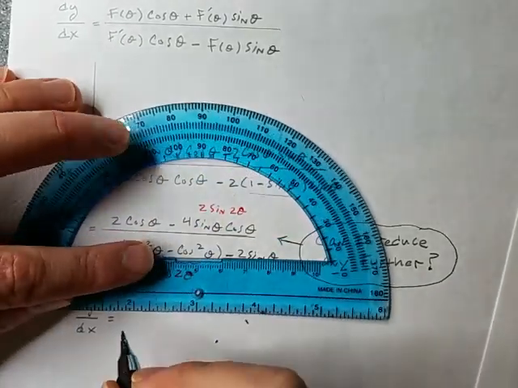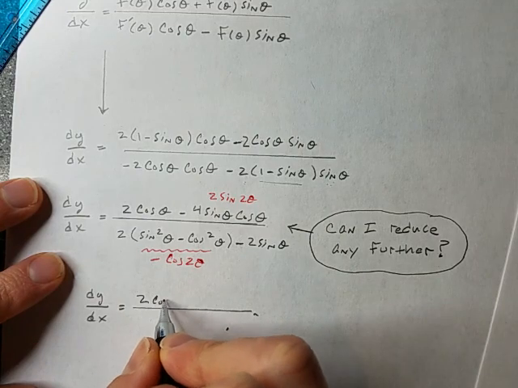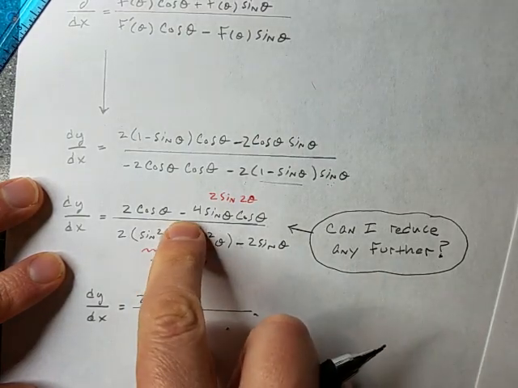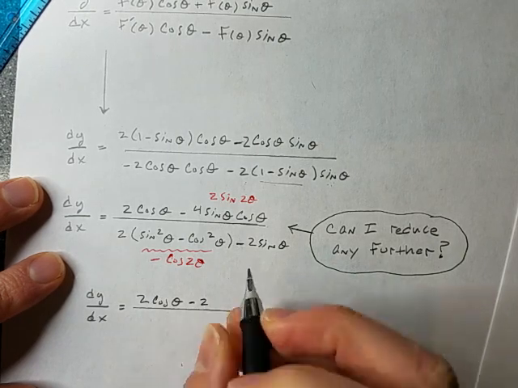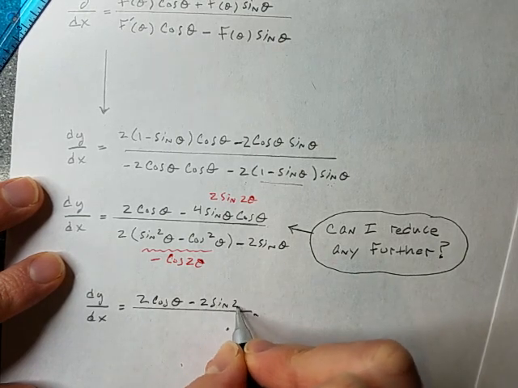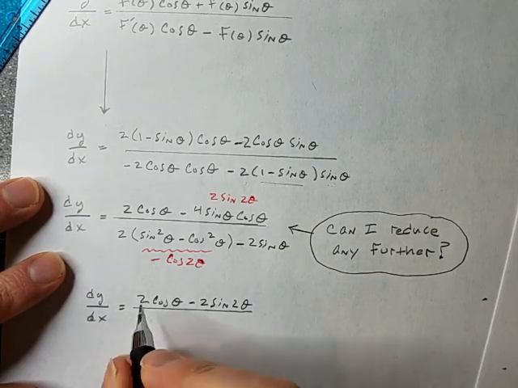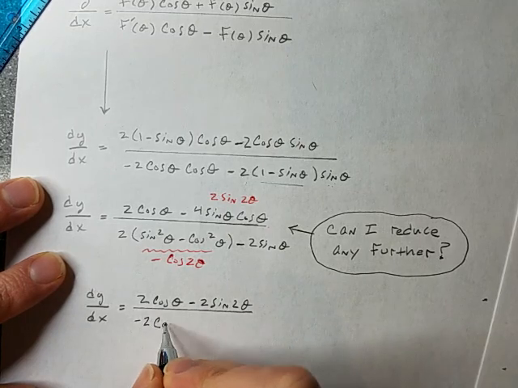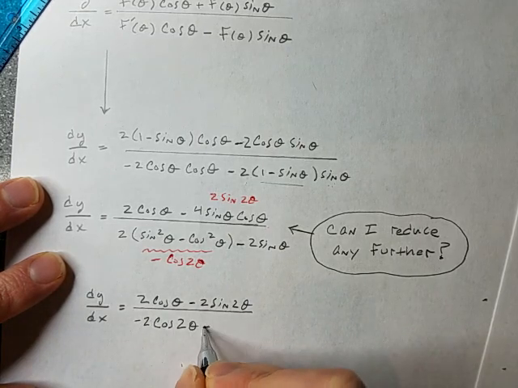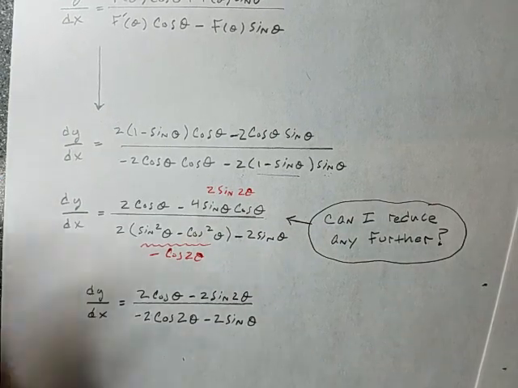We're going to get 2 cosine theta, and for sine theta cosine theta, that's going to be 2 sine 2 theta. And then down here, that's going to be negative 2 cosine 2 theta minus 2 sine theta. Now it's a little bit simpler.